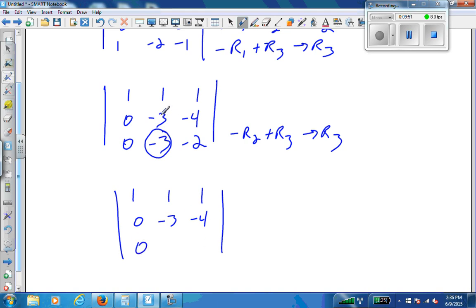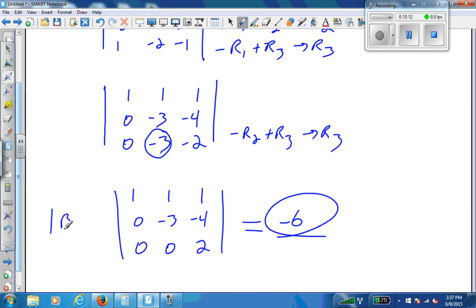The opposite of this is the 3, minus 3 is 0. The opposite of this is a 4, minus 2 is 2. And if we want that determinant, it's upper triangular, so multiply down the diagonal. 1 times negative 3 times 2 is negative 6.